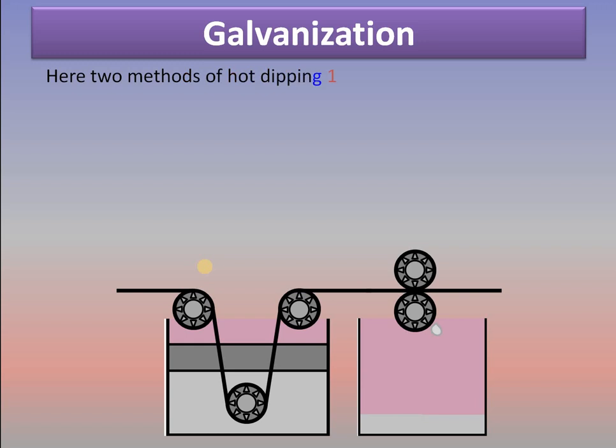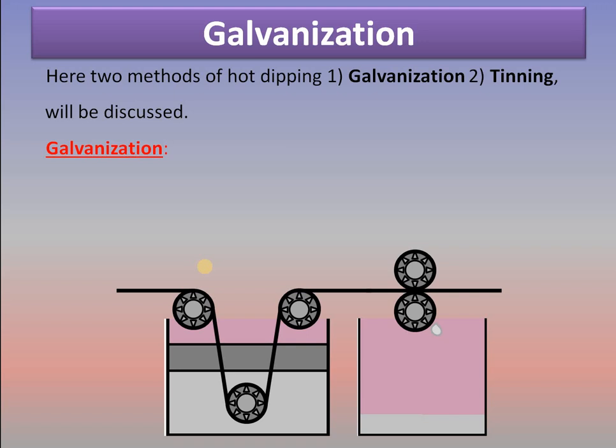Here in the syllabus, two methods of hot dipping have been discussed. First is galvanization and second is tinning. Here we are going to discuss galvanization.